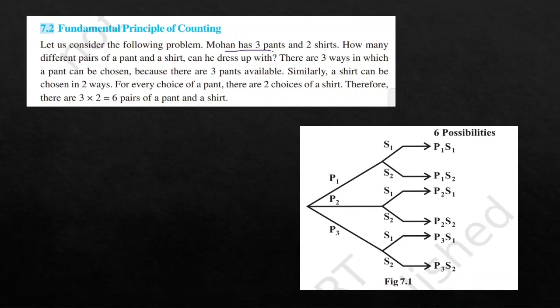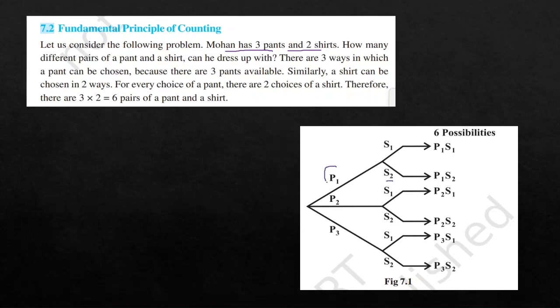Mohan has 3 pants and 2 shirts. How many different pairs of a pant and a shirt can he dress up with? So P1, P2 and P3 are for pants 1, 2 and 3 respectively, and S1 and S2 are for the first shirt and second shirt respectively.